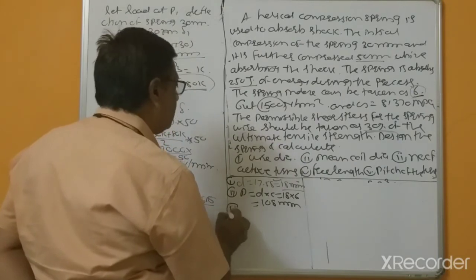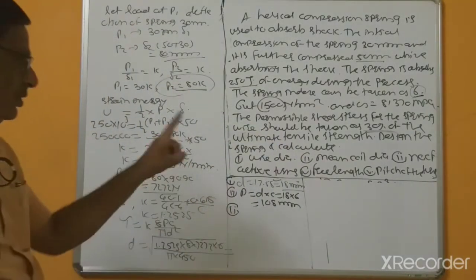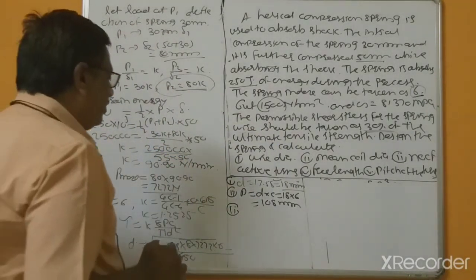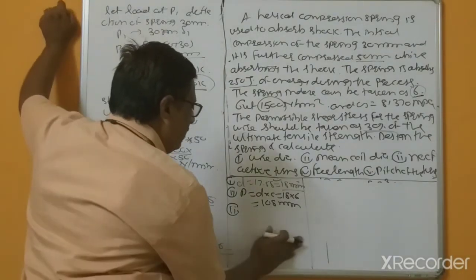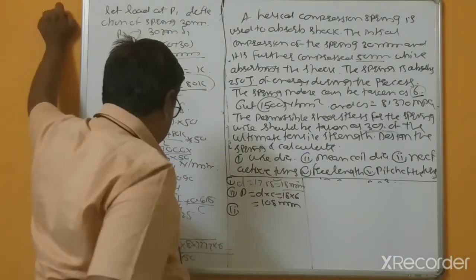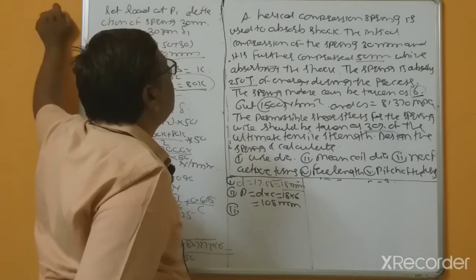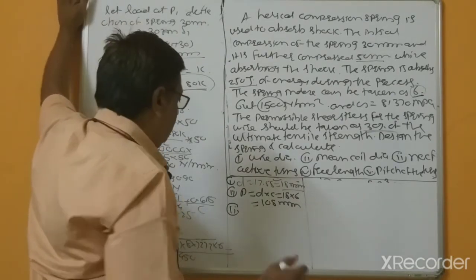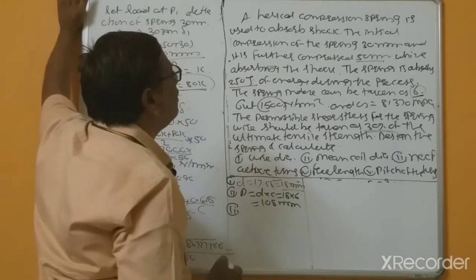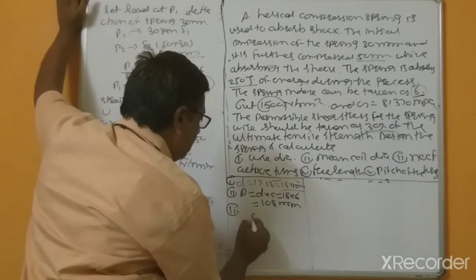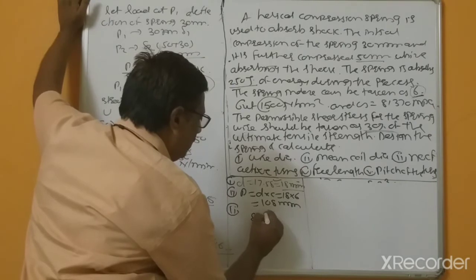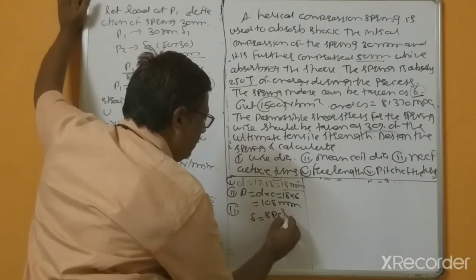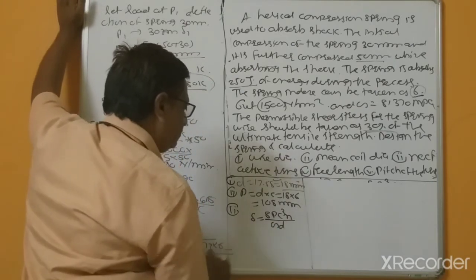Third, what is the number of active turns? For the number of active turns we have to use the formula delta equals 8PC cube into N divided by GD.